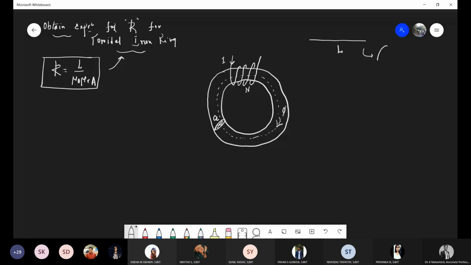So L is equal to 2 pi R. This L is the length of the magnetic path, with area of cross section small a, and a coil of n turns, and the current carrying conductor has current I.